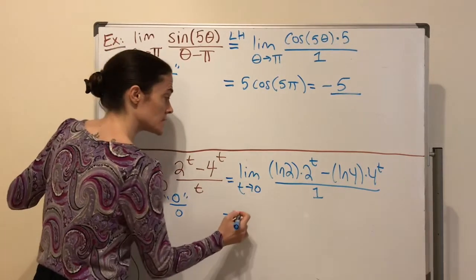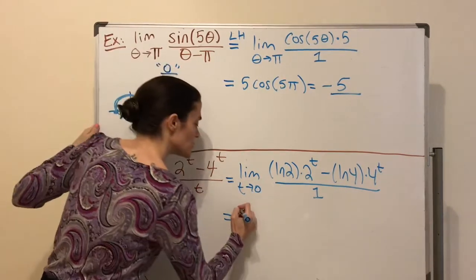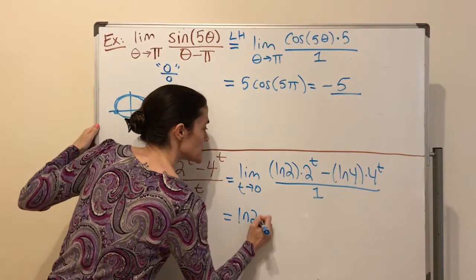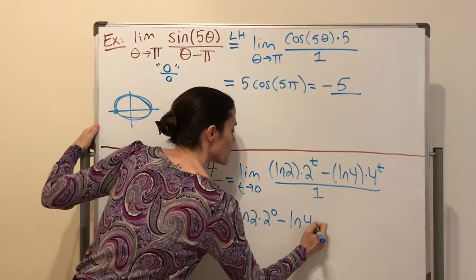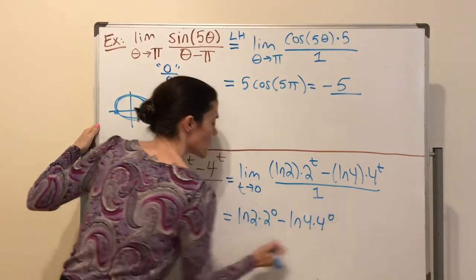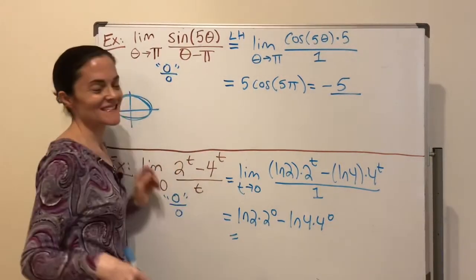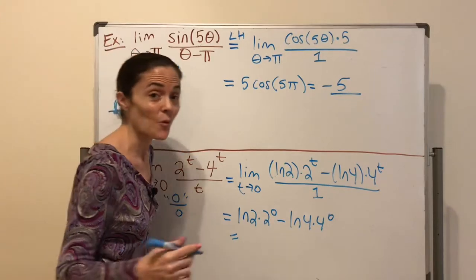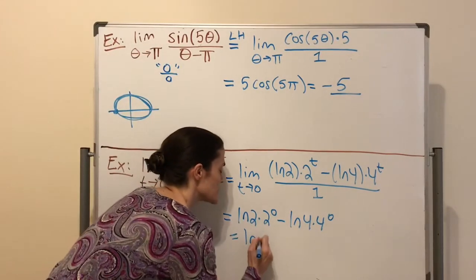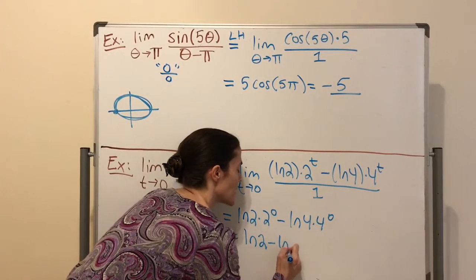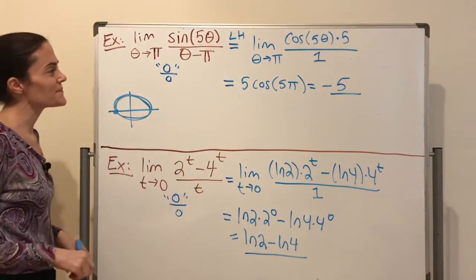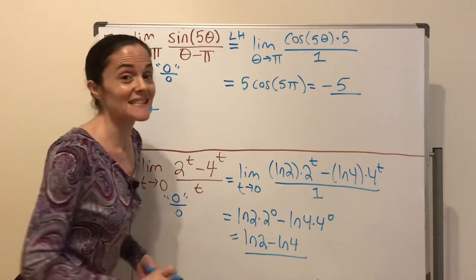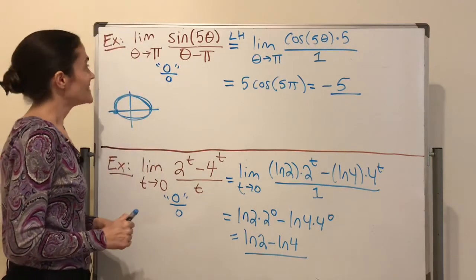This limit is just ln 2 times 2 to the 0 minus ln 4 times 4 to the 0. But 2 to the 0 and 4 to the 0 are 1. This limit is natural log 2 minus natural log 4. Okay? So both these limits exist. Great.